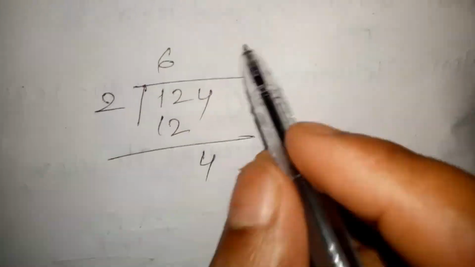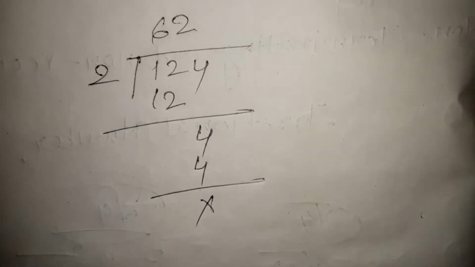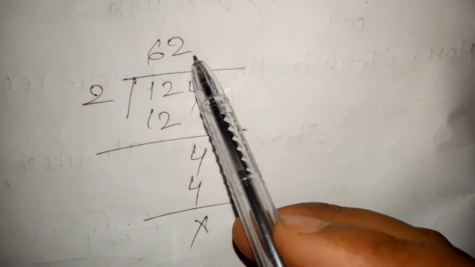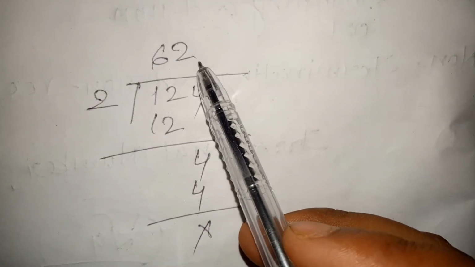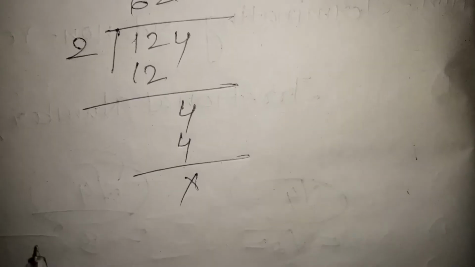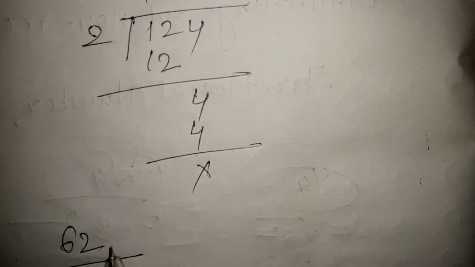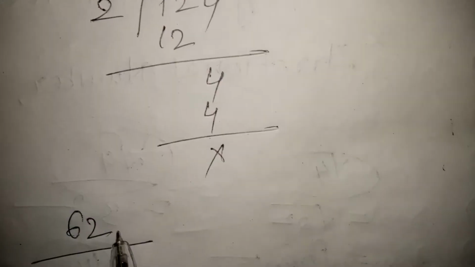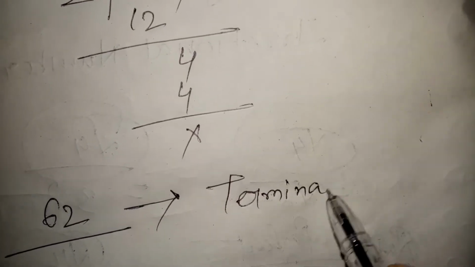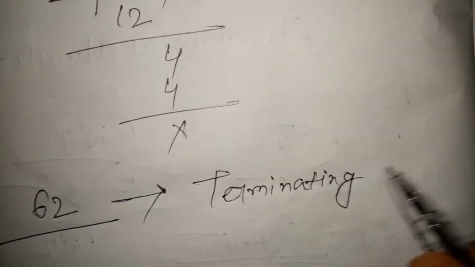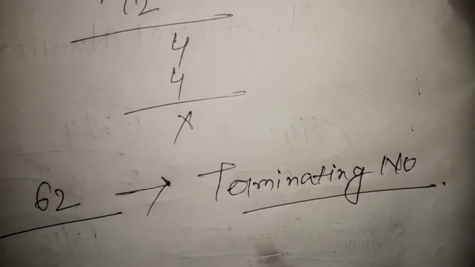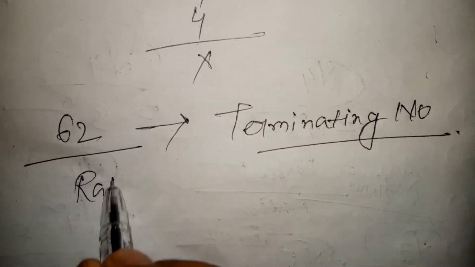Now 4, 2 2 is 4, 62. You can see at 62 it is finished here. The answer is finished. That means the answer is 62. If it is finished here itself, then it will be called terminating. That means it has finished here, terminating number. If it is terminating, then it will be called a rational number.